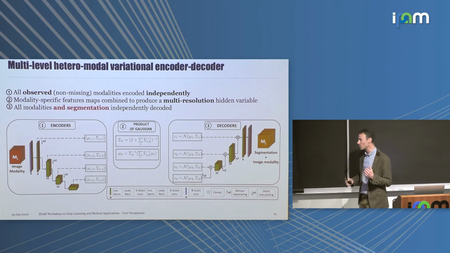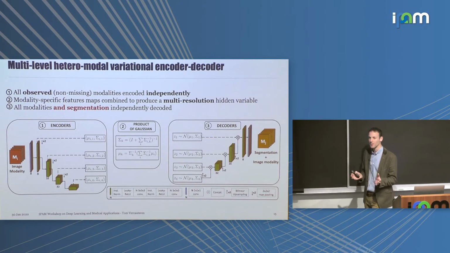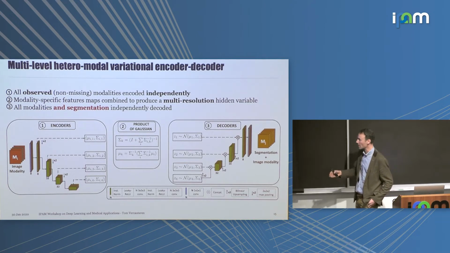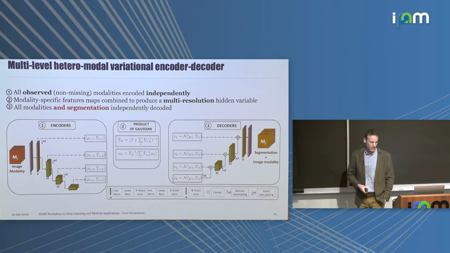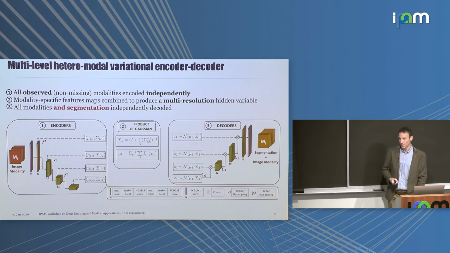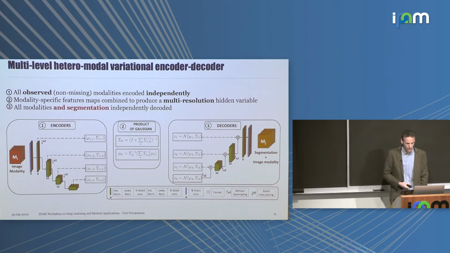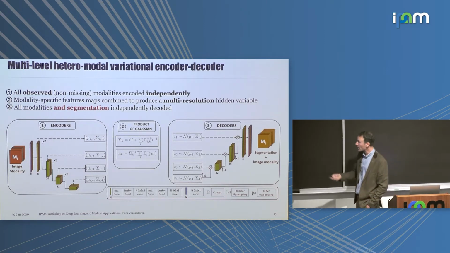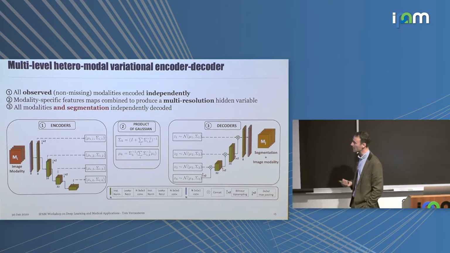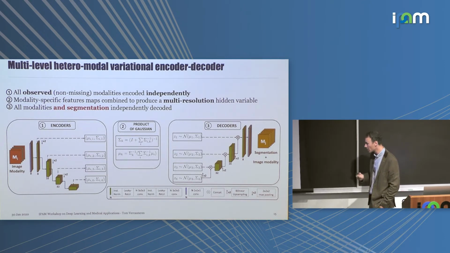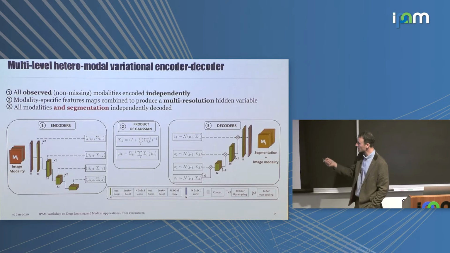We decided to use a U-Net structure, but cut it in the middle and have scale-specific encodings, so that we would have a multi-scale view of the latent space as well. There might be better ways of doing that, but this was a practical one that worked out well for us.